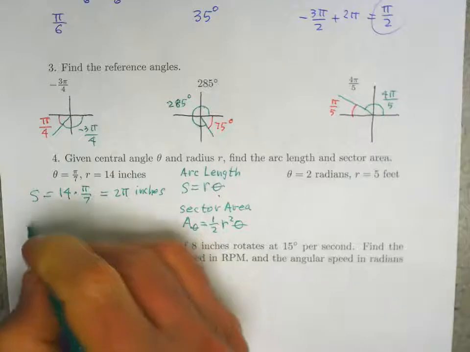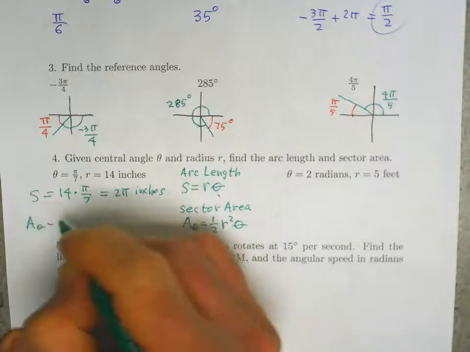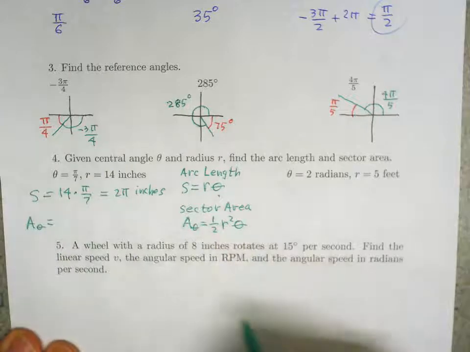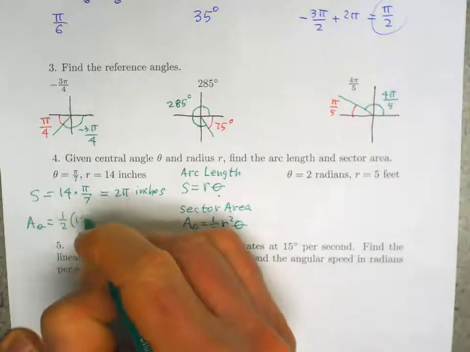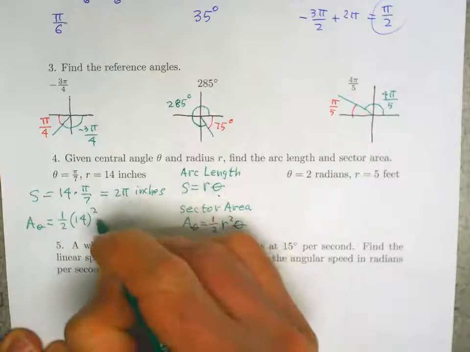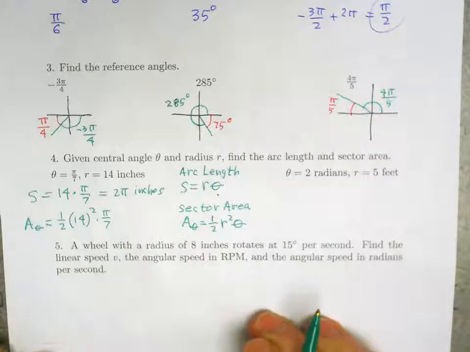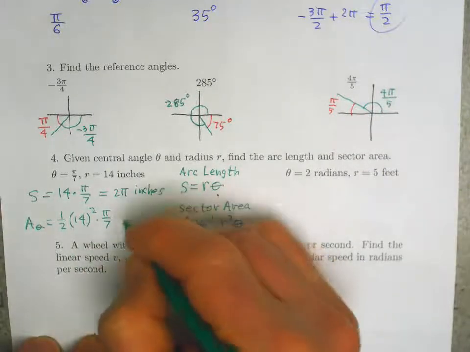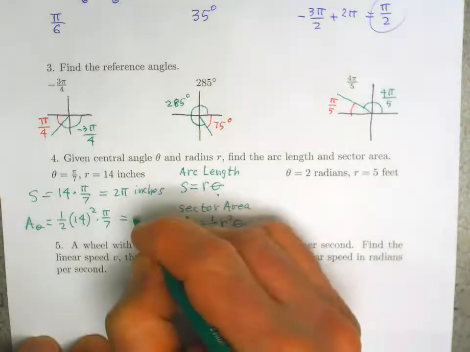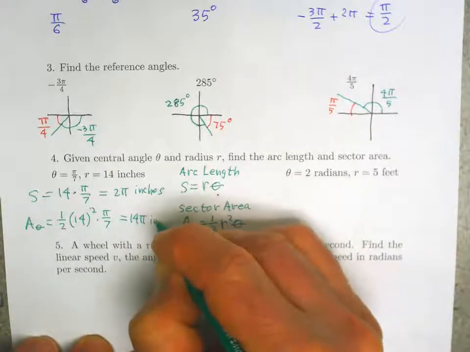And then the area, A sub theta, is equal to 1/2 times 14 squared times pi over 7. Do the arithmetic, we just get 14 pi square inches.